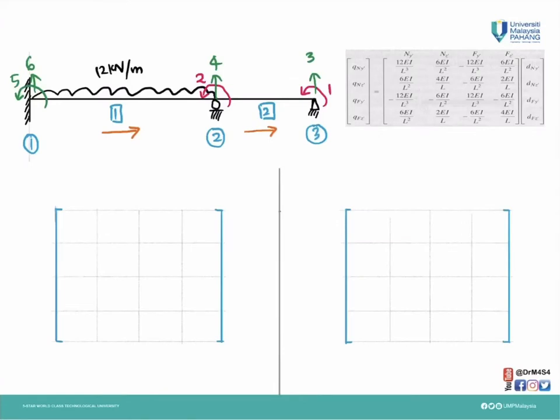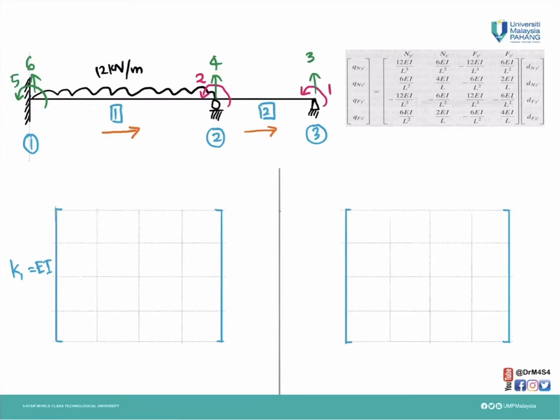Now let's calculate what is K1 and K2 for member 1 and member 2. So this one is for K1, small k, we take out the EI, and don't forget the numbering for your member stiffness matrix.